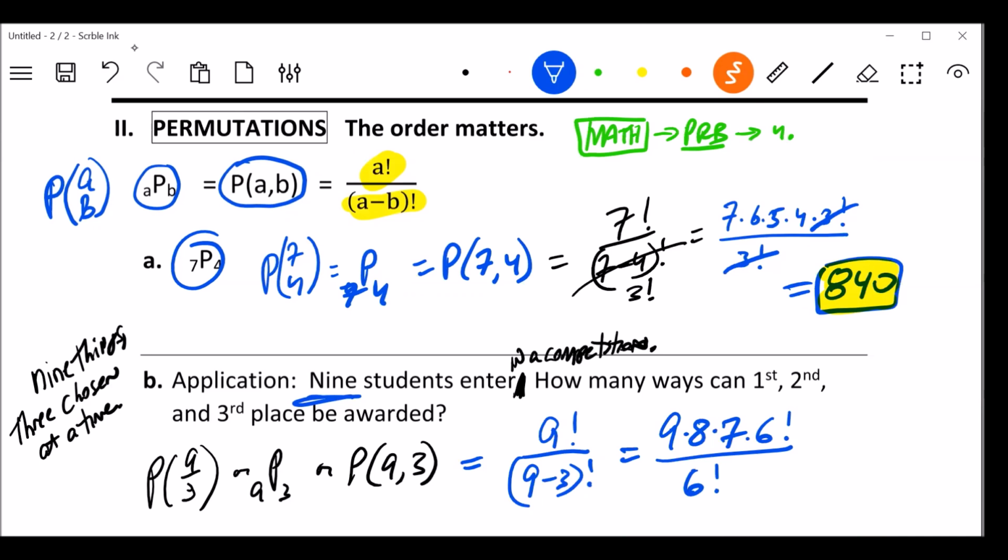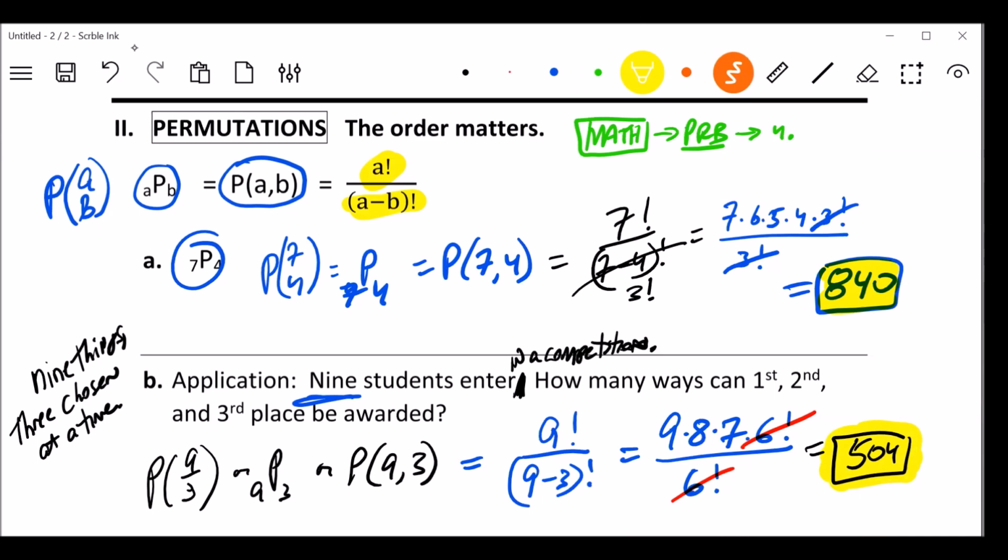So 6, 5, 4, 3, 2, 1 cancels out there. And 9 times 8 times 7 is 504 possibilities. So over 500 different ways people can be ordered to get a first, second, and third place award.